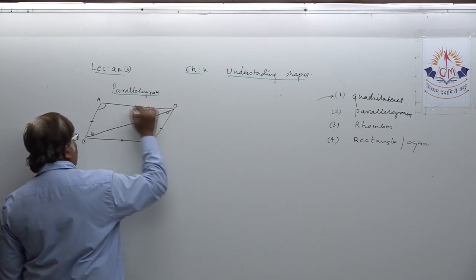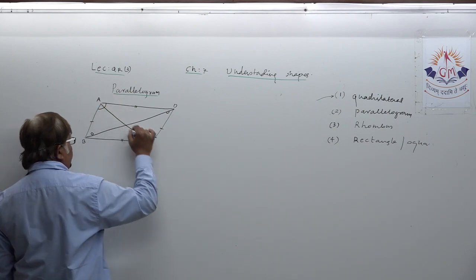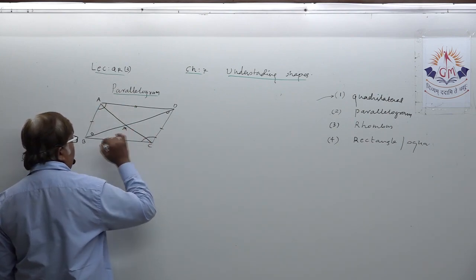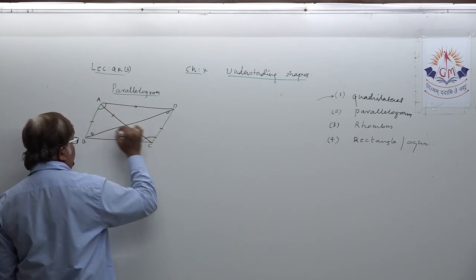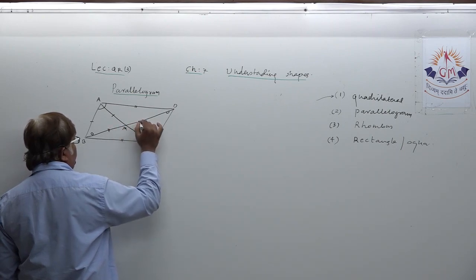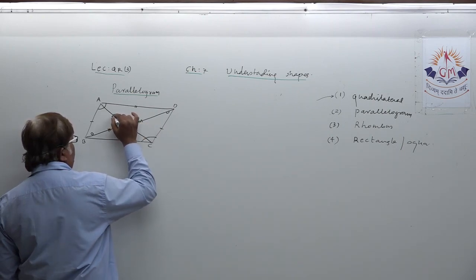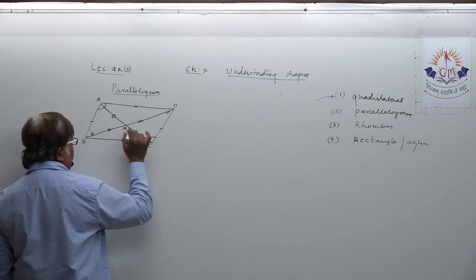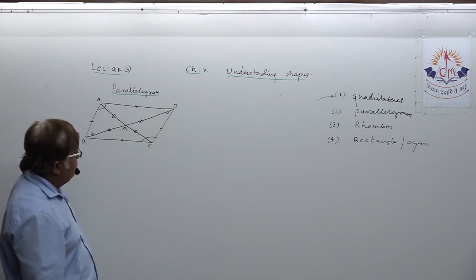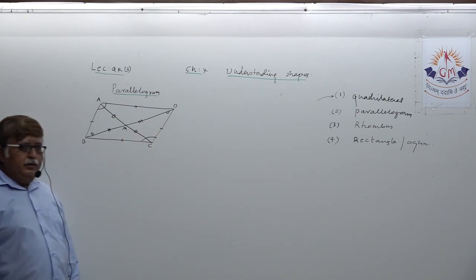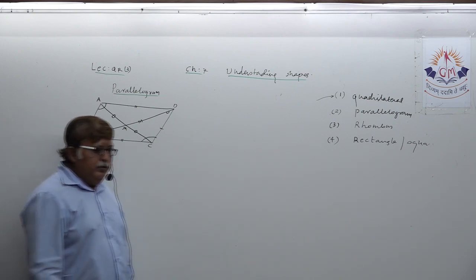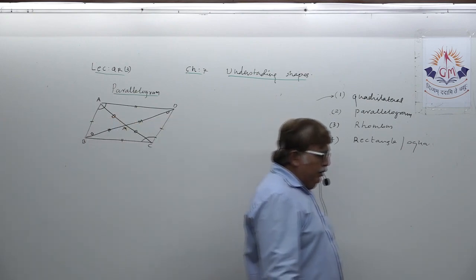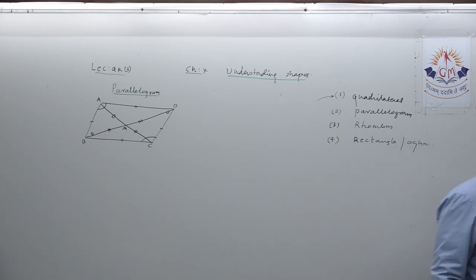Diagonals bisect each other. How can I show? I can show this way. Diagonals bisect each other. These are some of the properties of parallelogram which must be in your mind.